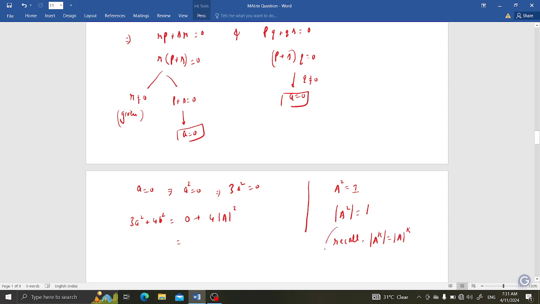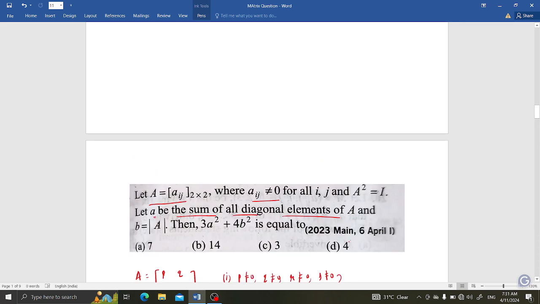Using this property, determinant of A square is 1. So I will apply 4 into 1, we get 4 as the answer. I hope you understand this question. The correct option is 4.